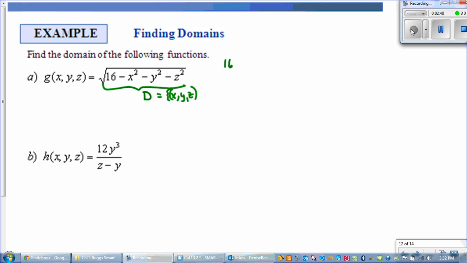That means 16 minus x squared minus y squared minus z squared must be greater than or equal to 0. That's the same thing as saying x squared plus y squared plus z squared is less than or equal to 16, which is everything inside a sphere of radius 4. Remember, the center is at 0, 0, 0, and the radius of this sphere is the square root of this left side.